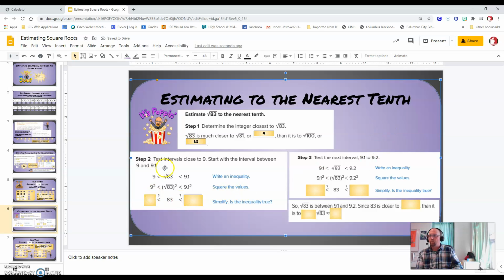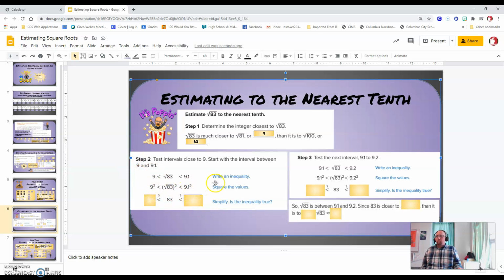Okay, now, test the intervals close to 9. Start with the interval between 9 and 9.1. Since we're trying to estimate to the nearest 10th, I'm going to start at 9, which could also be rewritten as 9.0, and 9.1. Then I'm going to square everything.